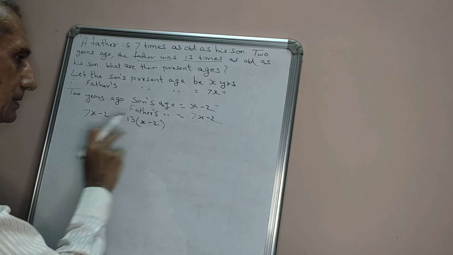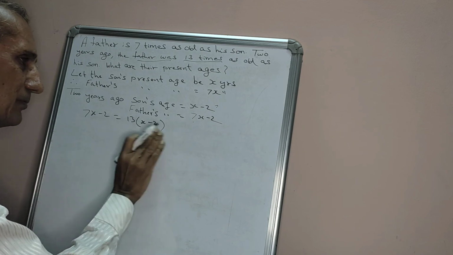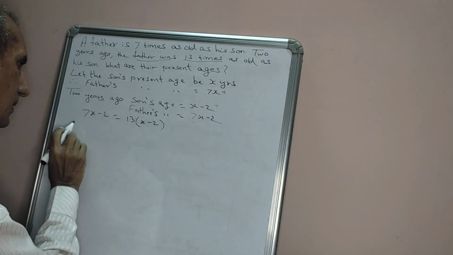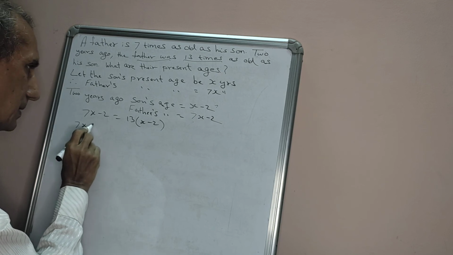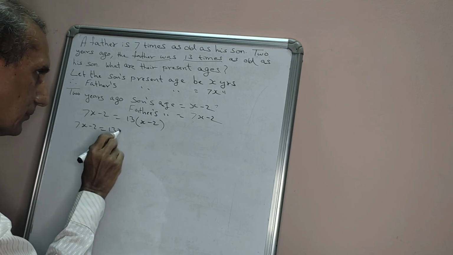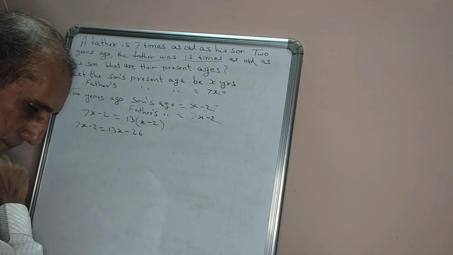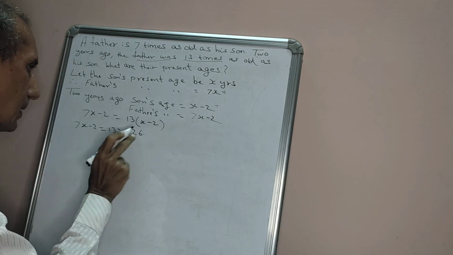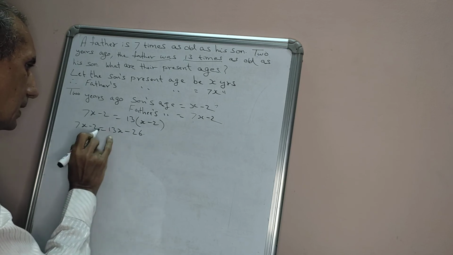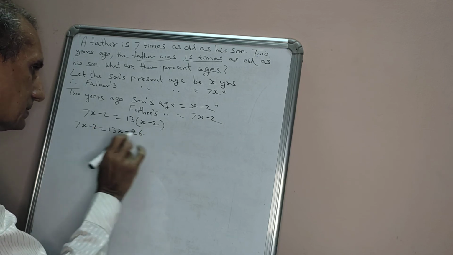Okay, very good. Now the equation has been framed. Now solve the equation. So 7x minus 2 is equal to 13x minus 26. Okay. So all x terms to one side and constants to the other side.